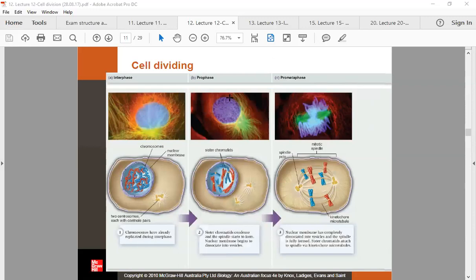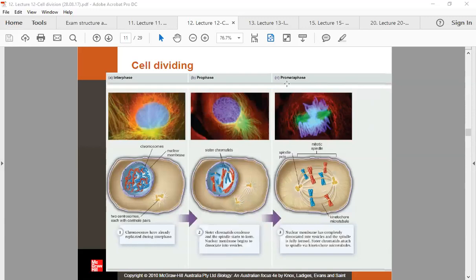In other words, the DNA now becomes visible using just a standard compound light microscope. Okay, something else, spindle starts to form. Here it is. You can see it in green. The mitotic spindle starts to form. Okay, they're the 2 major events in prophase.